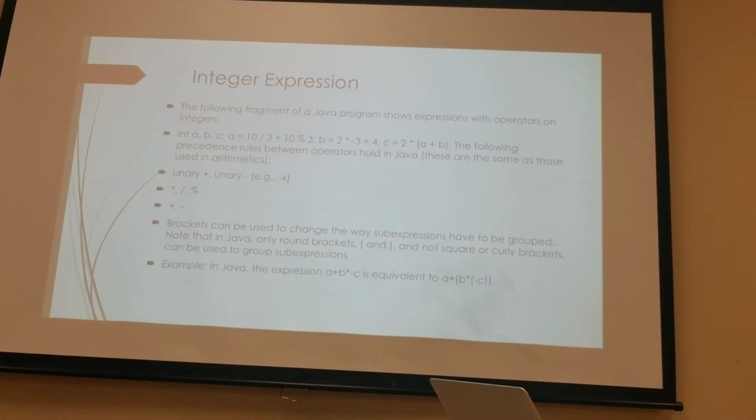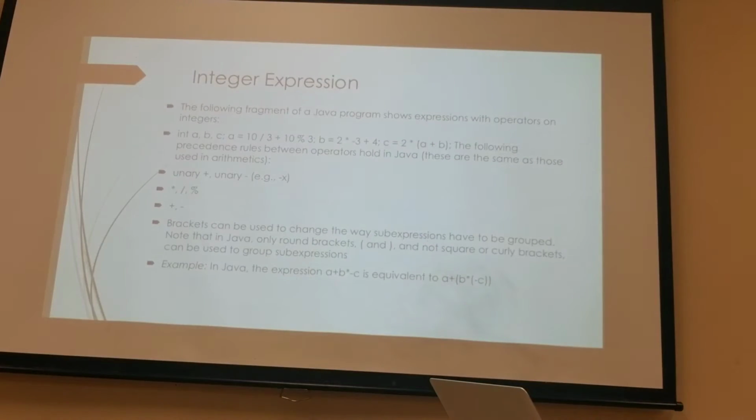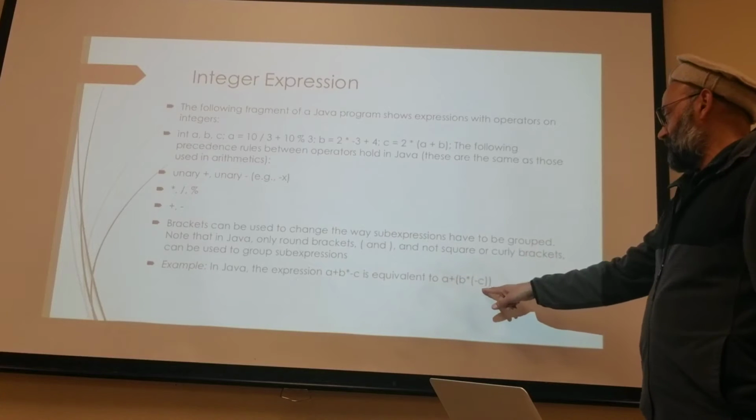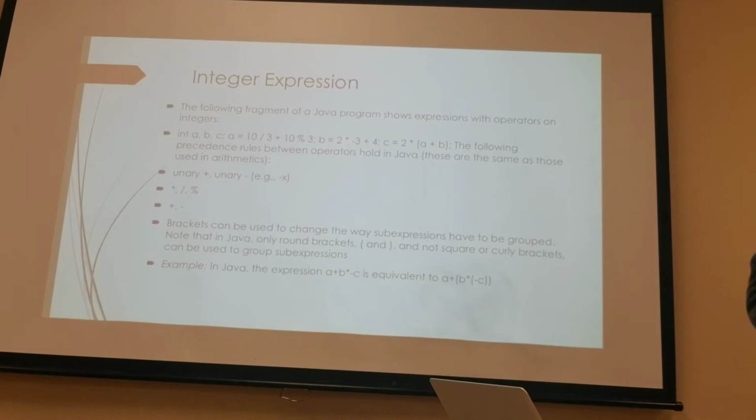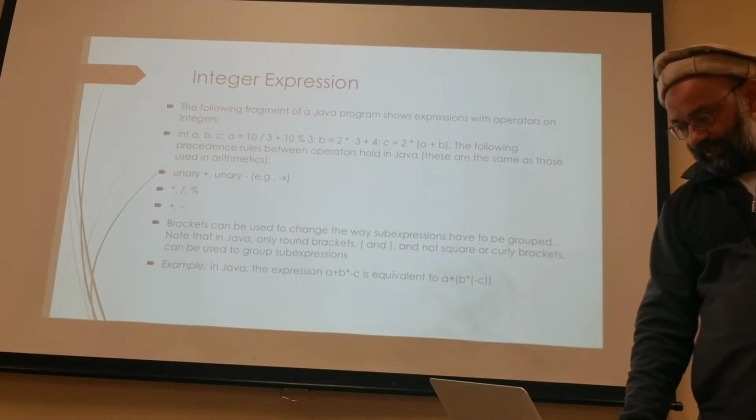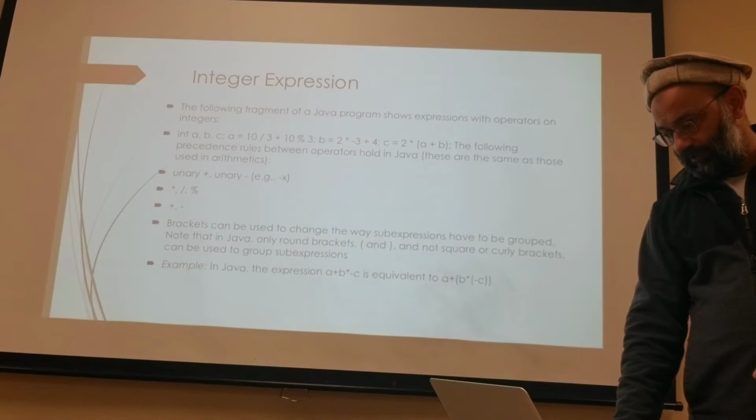Java does not care. We will not do an example right now, but this is something you can do. And then there are some examples of how you would make it exactly how you want it to be. But integer expressions are very important once you start doing some of the practices. So for sure do the homework, and if there's a need, we can talk about it a little bit more.